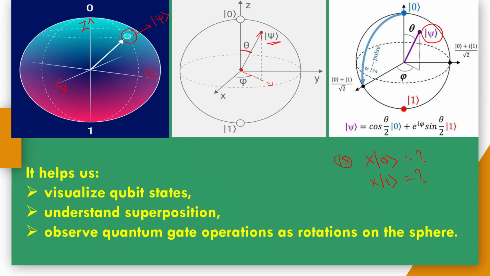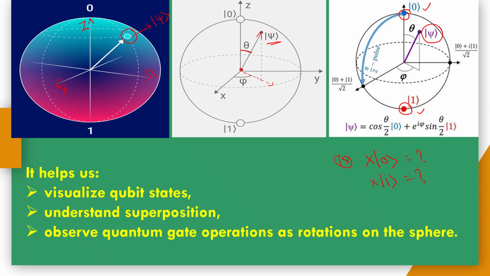So this Bloch sphere helps us visualize the qubit state. We can easily see the qubit state on the surface of the sphere, whereas without the Bloch sphere it is very complex to understand the state psi. It also helps understand superposition. For example, this point is the state 0, this point is the state 1, but this point is a superposition of both 0 and 1.